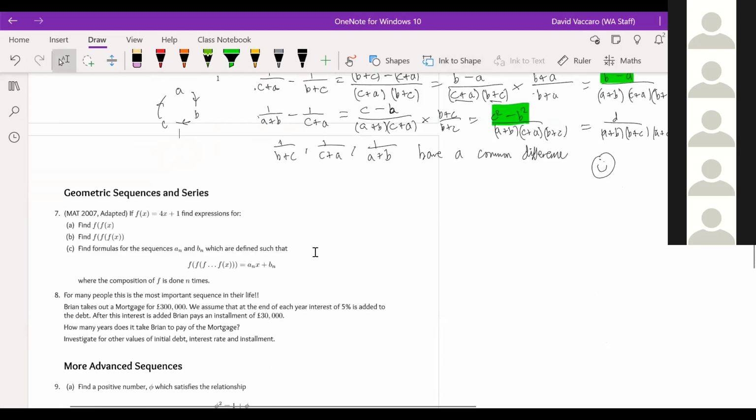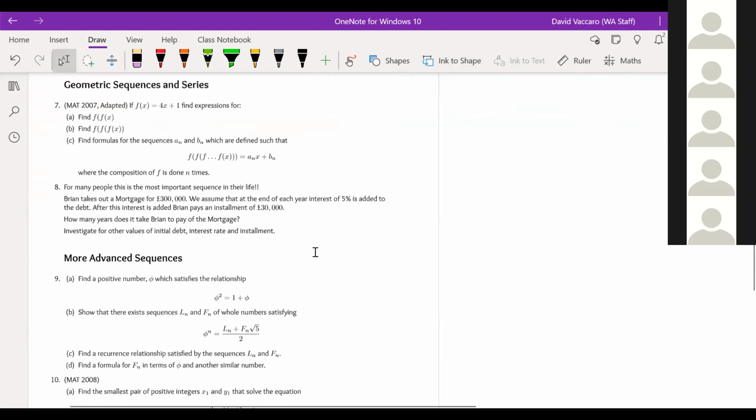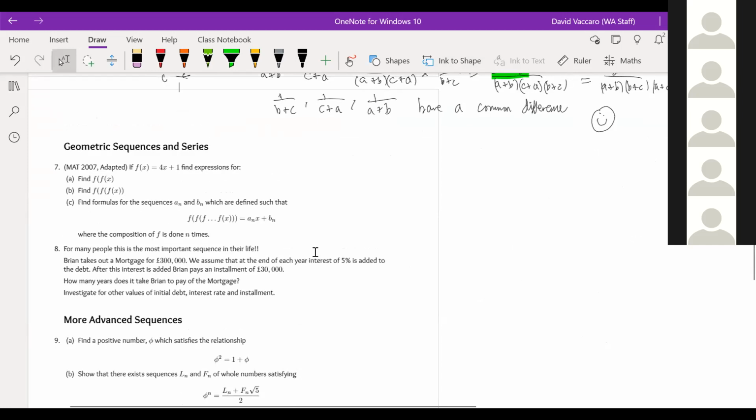Okay, on to geometric sequences and series. So this is adapted from a math paper. It says f of x equals 4x plus 1, and it asks us to find an expression for f of f of x. Okay, now we know how to compose functions.